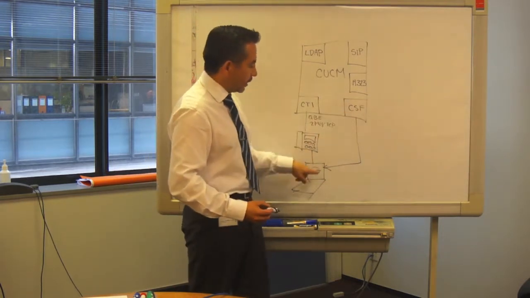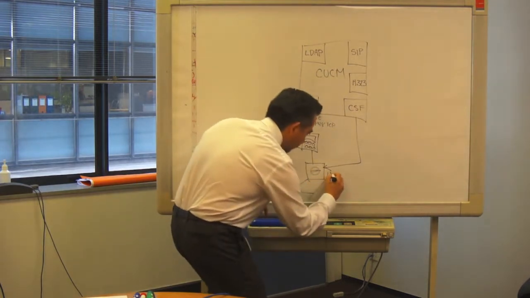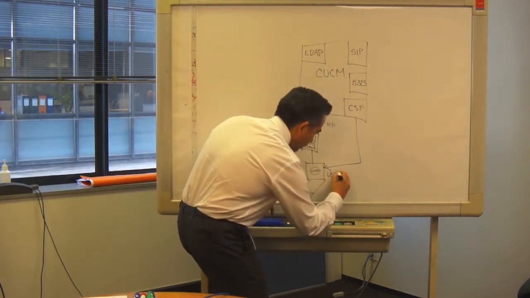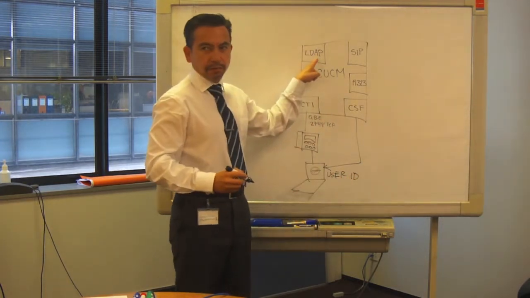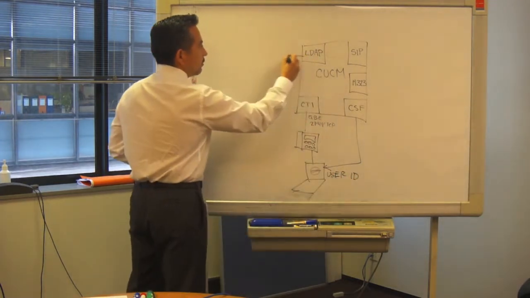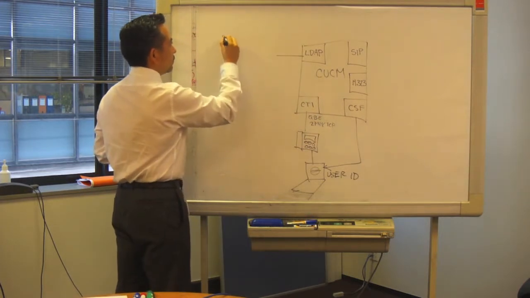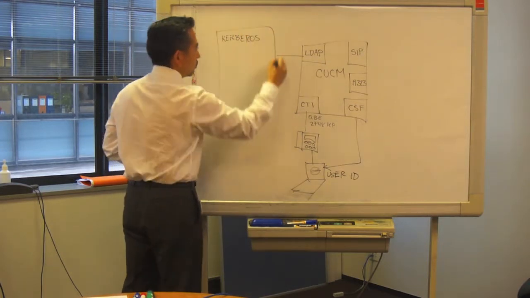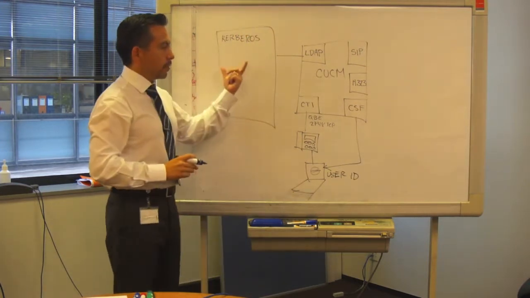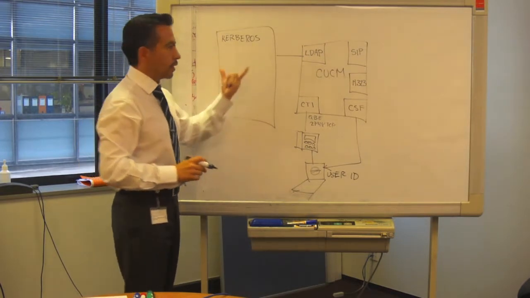Now this user ID has to exist in Active Directory. Active Directory talks to the domain controller and authenticates the users. This is where we have a lot of problems in the authentication part.